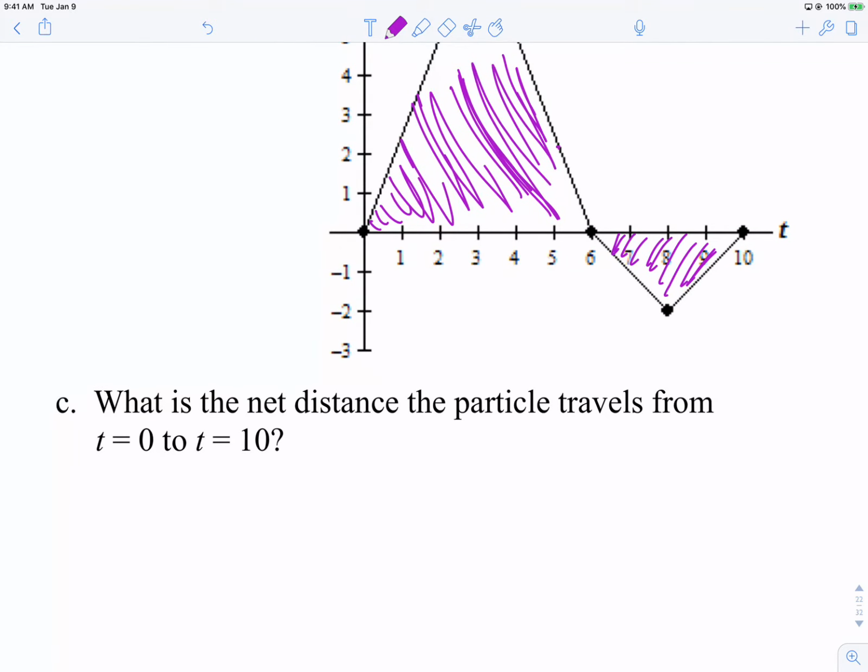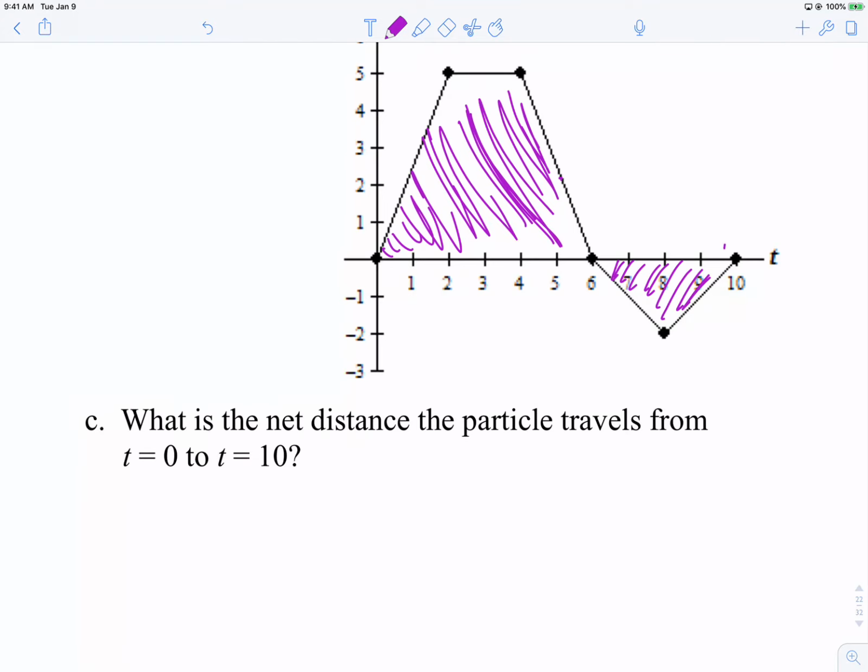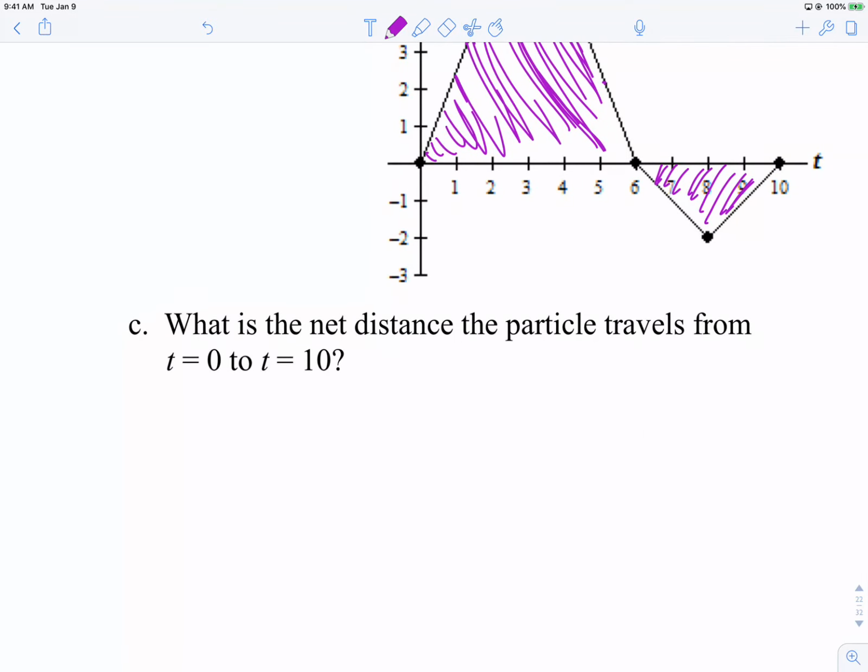So we're doing net distance, not total, I'm very sorry. So we will calculate this as negative area. Our net distance will have the negatives where they count. So if it were total distance, that's the one where I would want to count this yellow area as positive area. But it's not, it's net distance.